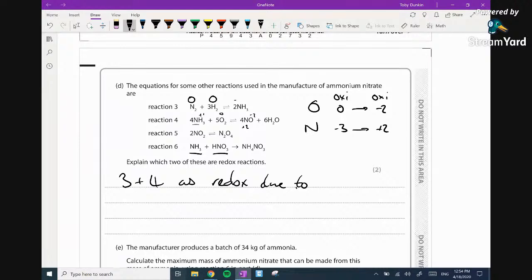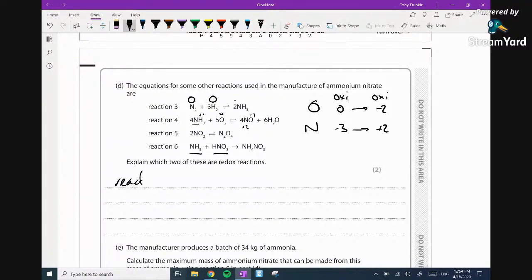due to loss and gain of electrons. That's an awful lot of words, really, for 2 marks. Ugh. Oh, redox. Okay, I'm going to do it.